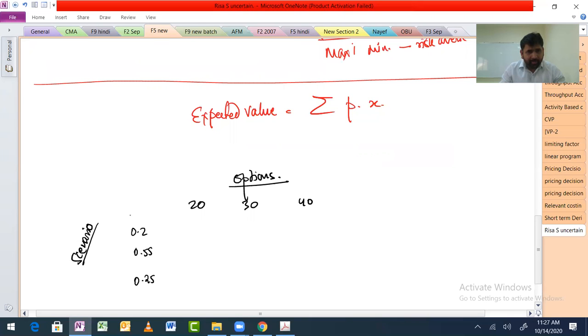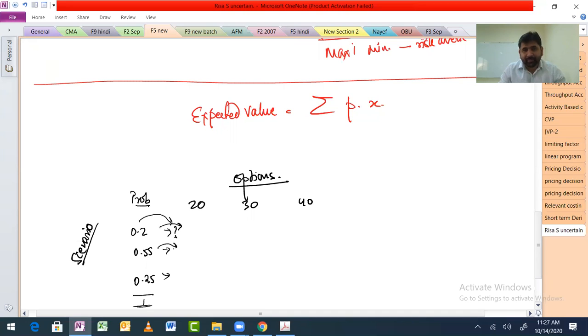This is what looks like probability to me. Yeah, it is. This is one, right? What is the scenario? Like 0.2 is the probability of happening what? There is a 20% chance of what? Weekly demand of the magazine. Okay, how much? 20% chance of weekly demand.